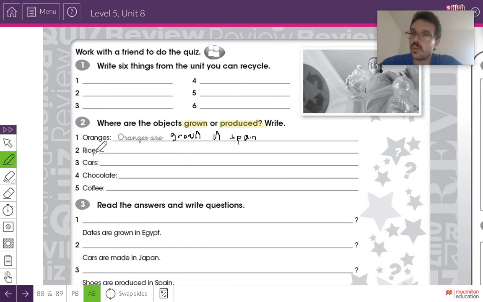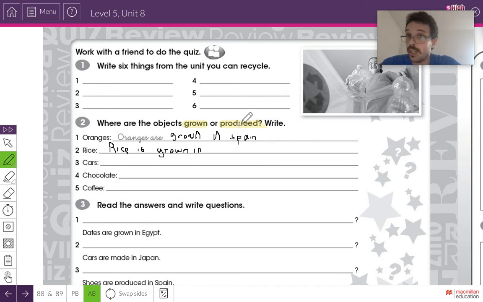Rice. Now, rice comes from a plant, so we're going to use grow with that. So we're going to write the phrase: rice is grown in.